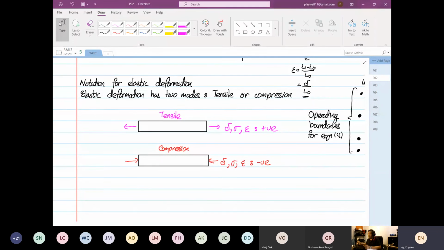But remember, this is for elastic deformation. In elastic deformation, positive is tensile, negative is compression. It's different from static analysis. Anyone, any question before we look into static analysis?